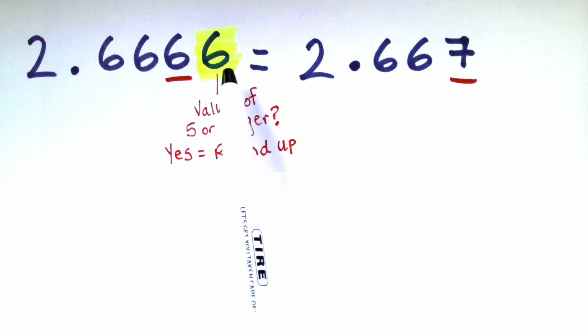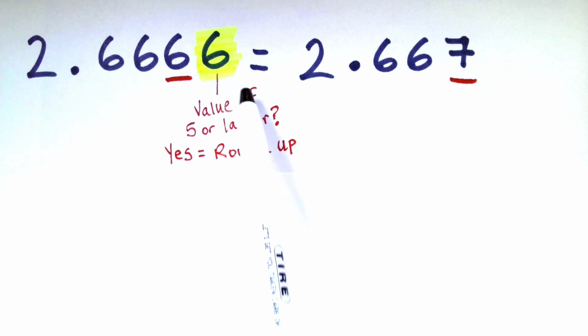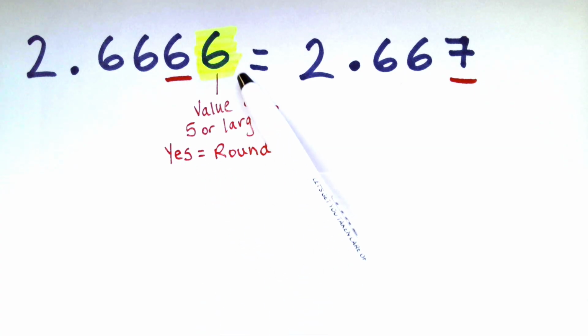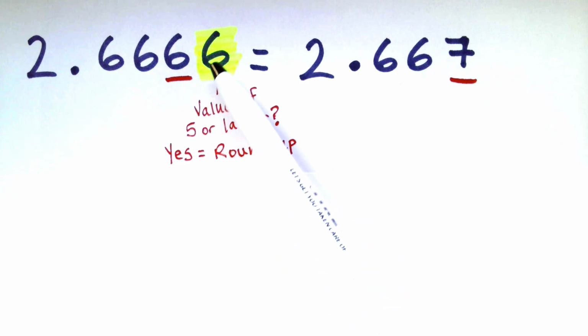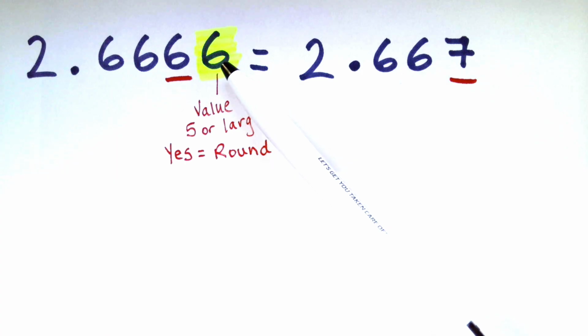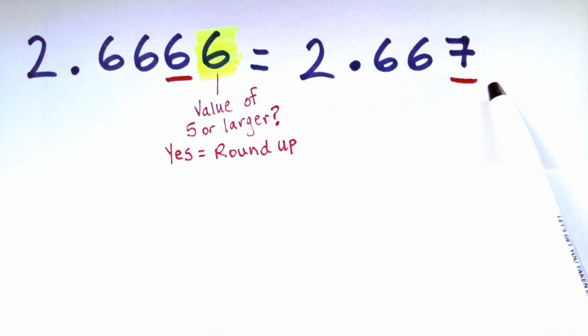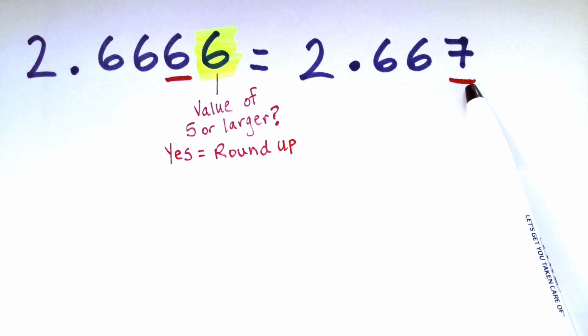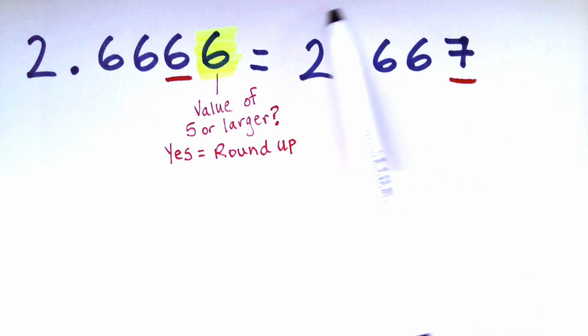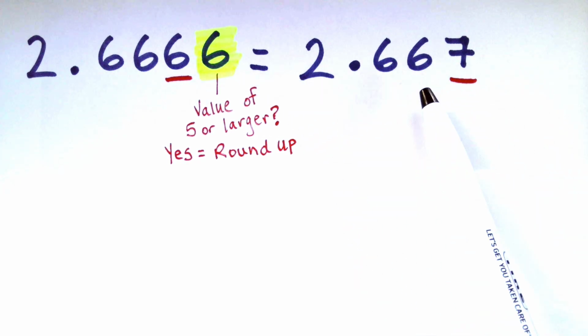So the number to the right of my target, if that value is 5 or larger, in this case 6, right? 5 or larger, so 5, 6, 7, 8, 9, any of those digits, then yes, you can round up your target. So as you can see over here, the 6 has become a 7. 2.667, right? So I'm going to use this value as my represented decimal value for 8/3.